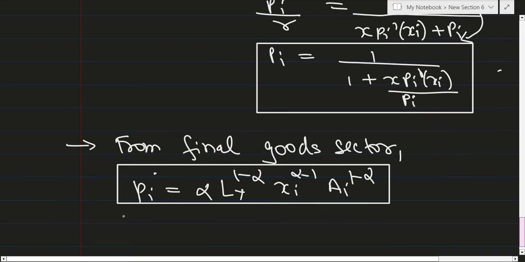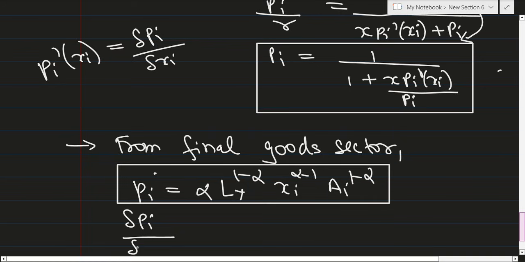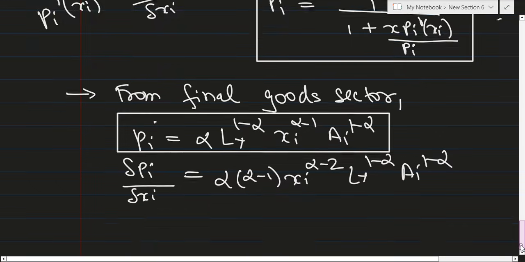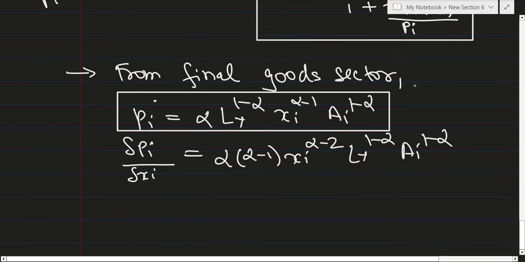So what we will do is differentiate this first with respect to Xi, because we want Pi dash Xi. Pi dash Xi is basically del Pi upon del Xi. Now we differentiate this, we get alpha minus 1, Xi to the power alpha minus 2, rest as it is. Now we are multiplying both sides by Xi upon Pi.